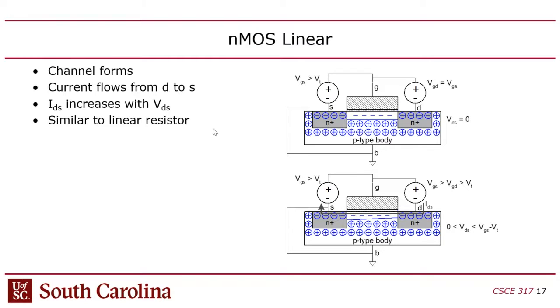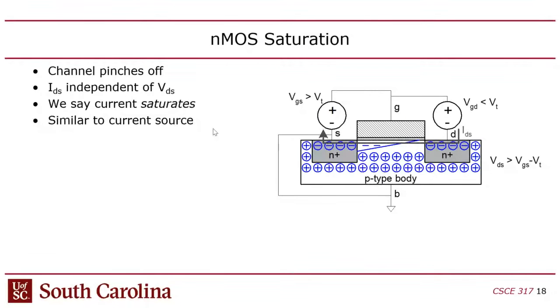That's linear mode. And then there's saturation mode, which is when the VGS is greater than the threshold, right? But the drain source voltage is greater than the gate source minus the VT, the threshold.